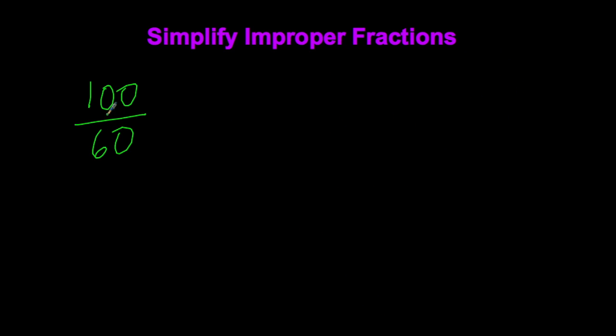Now let's say we have 100 over 60 and we're asked to simplify. So as you can see, there's 2 zeros at the top and there's 1 zero at the bottom. So you can only cancel 1 because there's only 1 zero at the bottom. So do that. Now you're left with 10 over 6. 10 and 6 are even numbers, so you can break them down to get a 2.